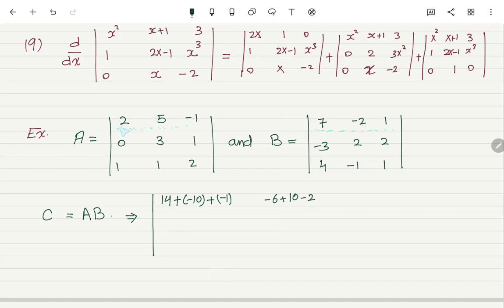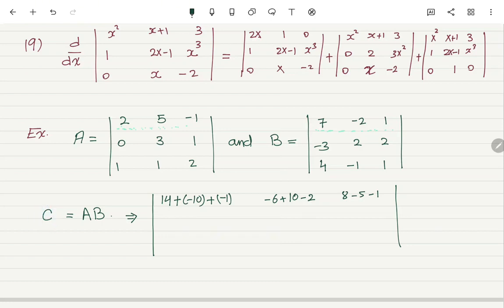And again, the first row with the third row of the second determinant: 2 multiplied by 4, it's 8, and 5 multiplied by minus 1, minus 5, minus 1 times 1, minus 1. Now this is the first row of determinant C.